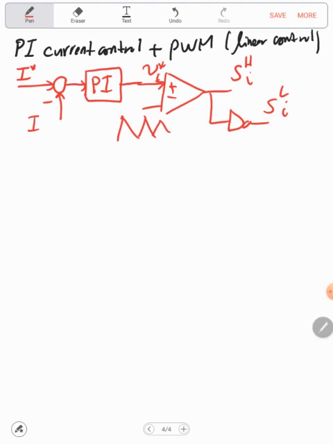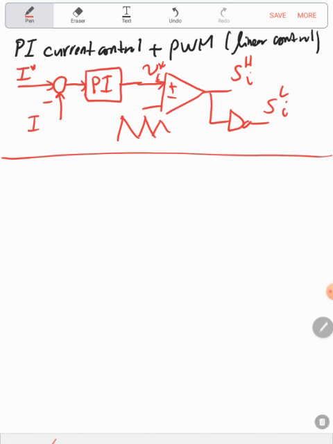Why? Because in the synchronous rotating reference frame, all the sinusoidal signals that are rotating at synchronous speed are seen as constant. So simply, this means that here we'll use the Q and the D component of the current and regulate it. And how we can do that, let's highlight it here.